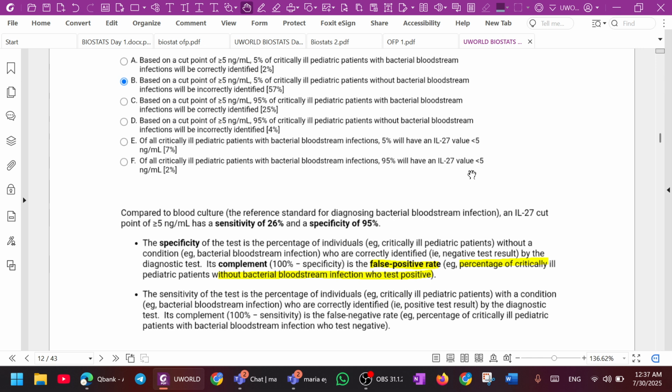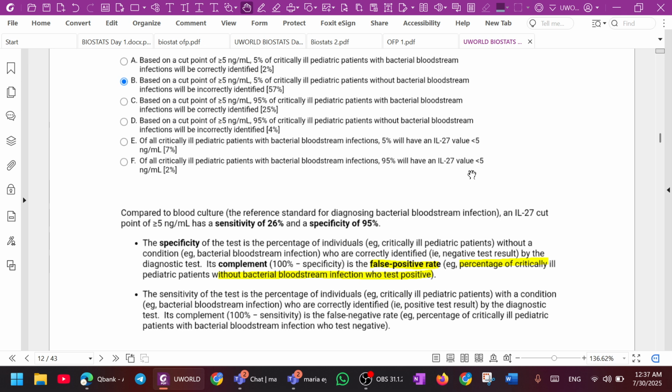And then look at the answer based on the cutoff point that they gave you. 5% of critically ill patients without the disease will be incorrectly identified. So people without the disease that test positive.